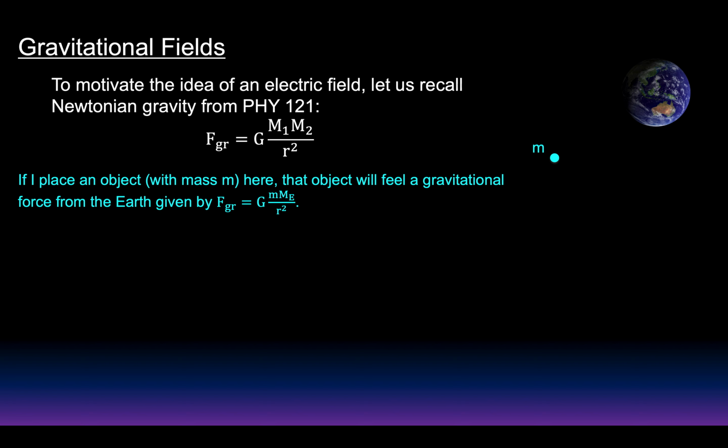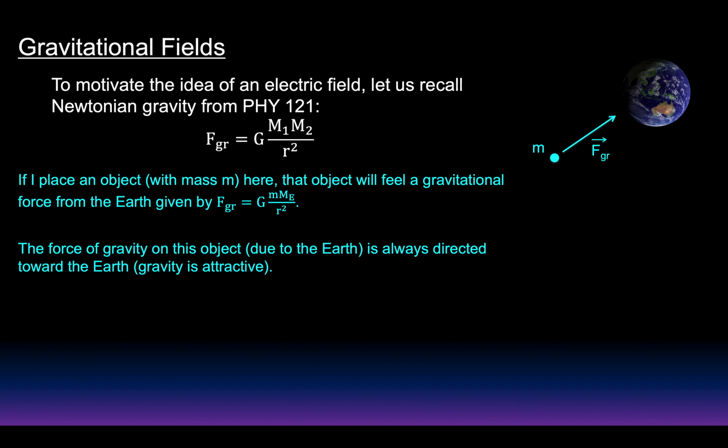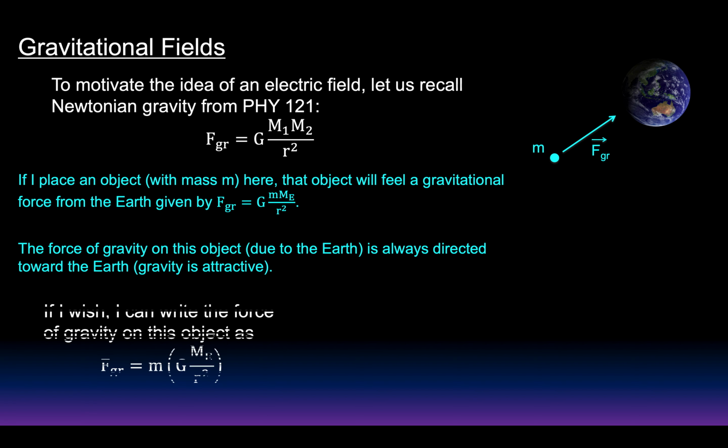I would say that the object feels a gravitational force. The strength of the gravitational force is G times little m times the mass of the Earth divided by the distance between the Earth and the little object squared. And the direction of the force on this object is going to be towards the Earth. That's because we learned gravity is always attractive.